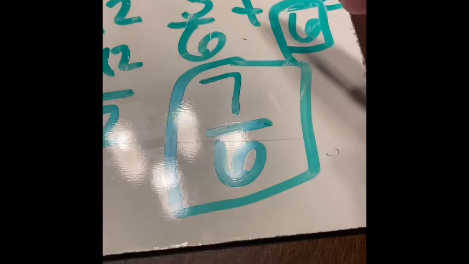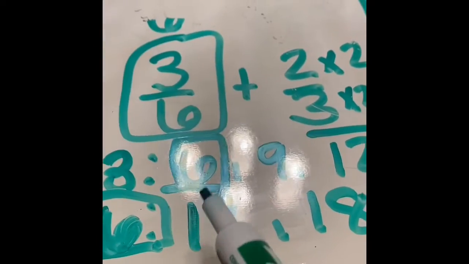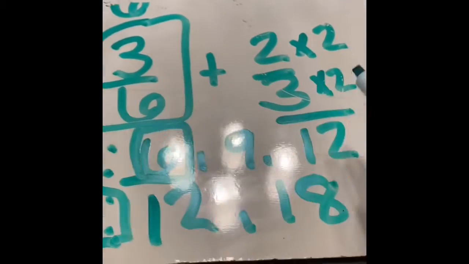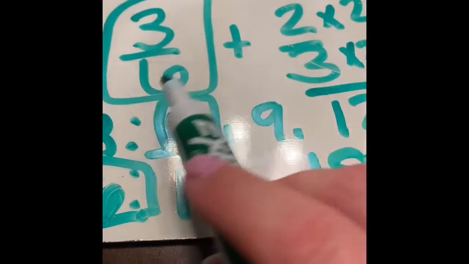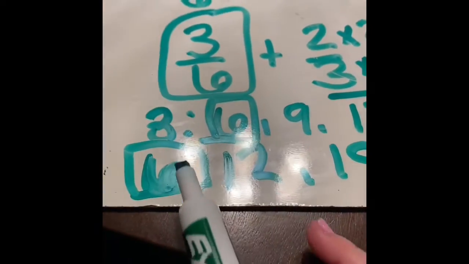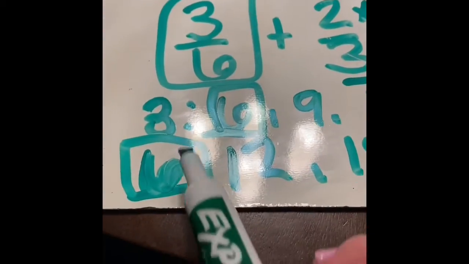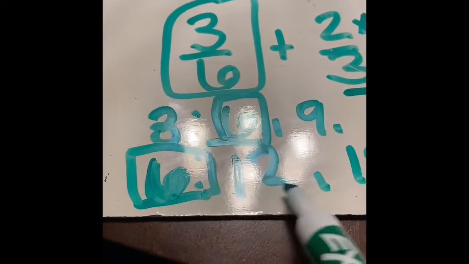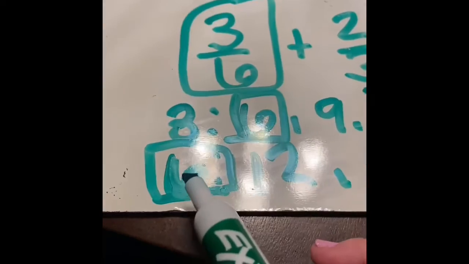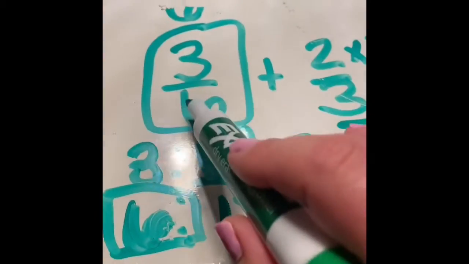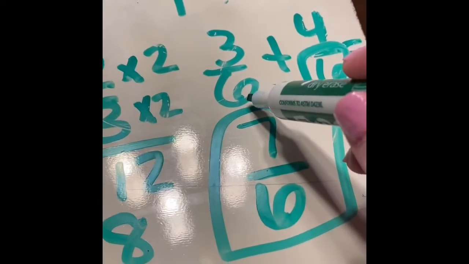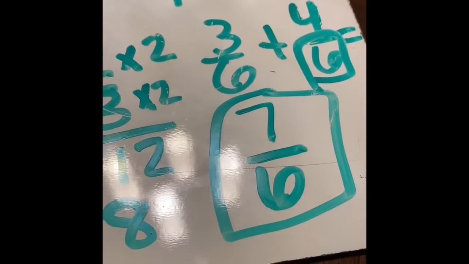My original problem was 3/6 plus 2/3. These were not the same denominator, so I found a common multiple by finding the multiples of each. The multiple was 6. This was already a 6, so it stayed the same.